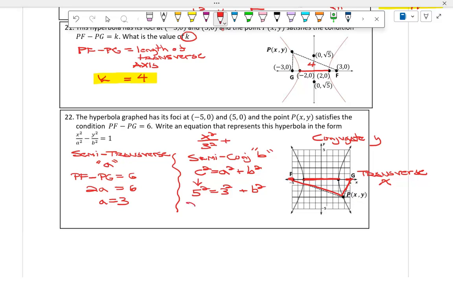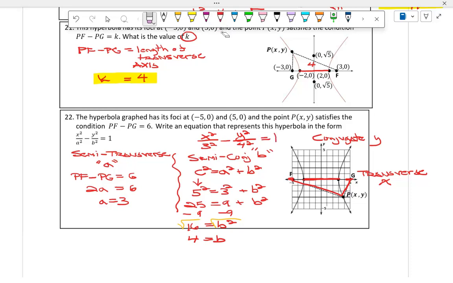Now we can solve this for B. So y squared over 4 squared equals 1.